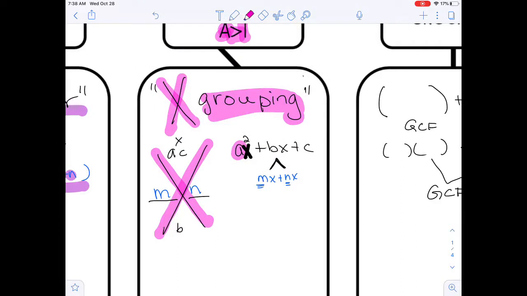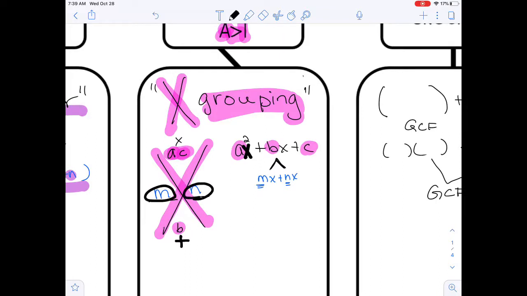And then we would put the value of a times c at the top and the value of b at the bottom. Whatever 2 numbers would multiply to ac and add to b would go here and here.